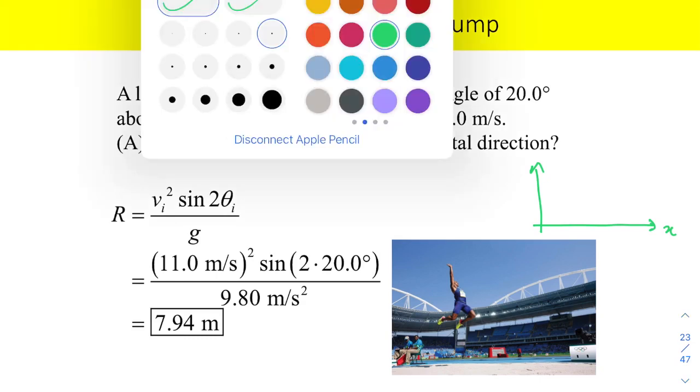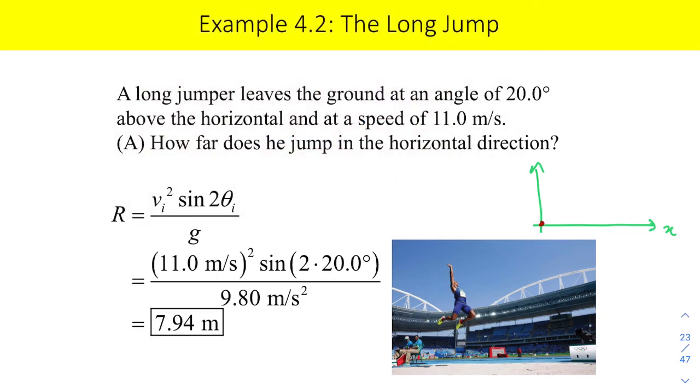It's going to be a semicircle, isn't it, like this, the path taken. Right? How far does he jump in the horizontal direction? That means it is asking for R.